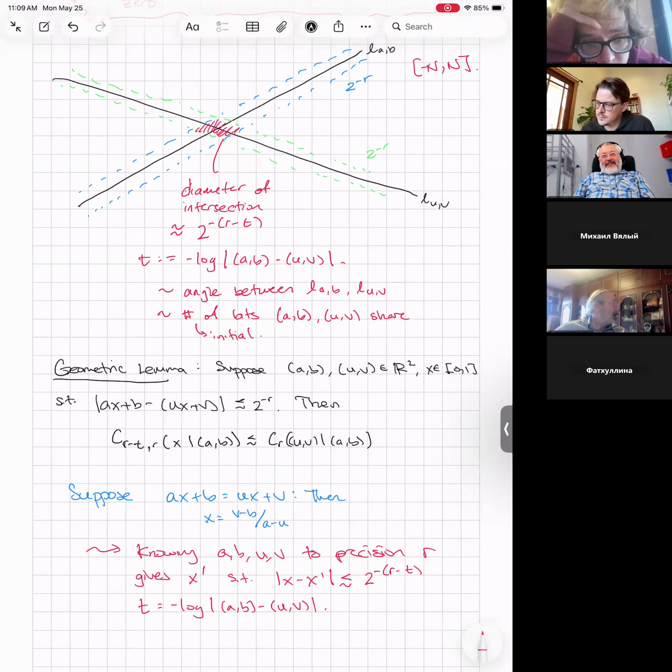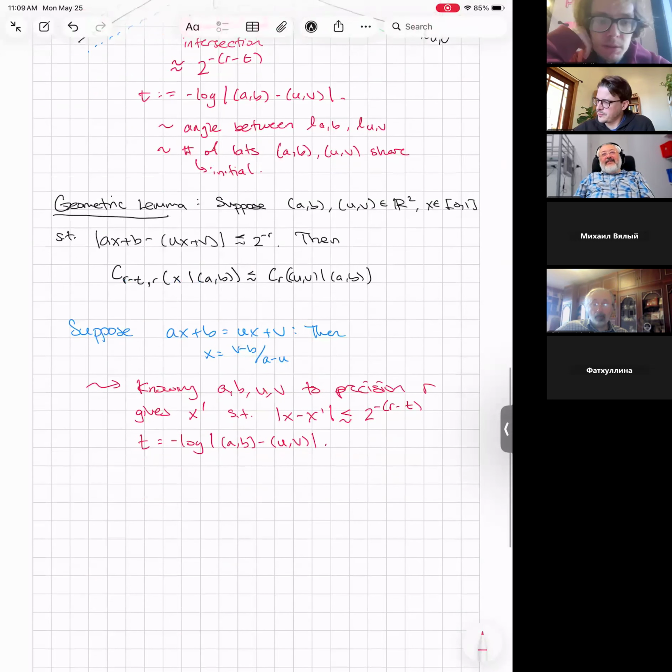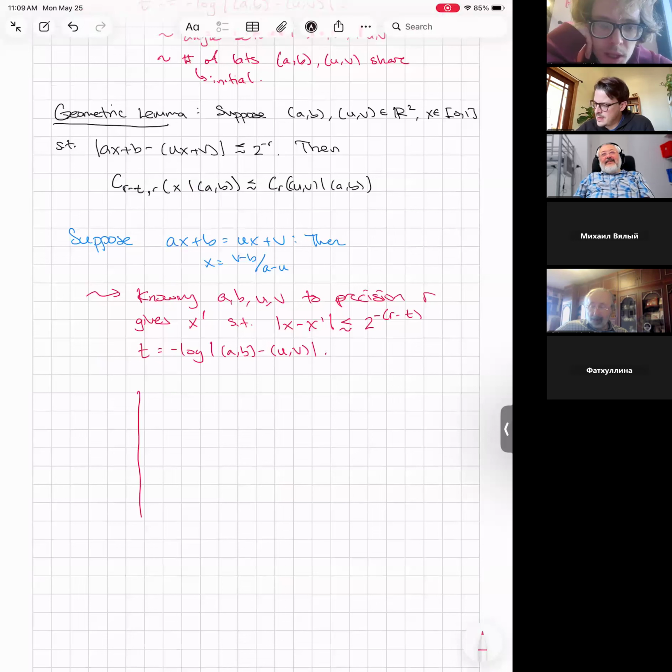So we have v minus b, so we know this difference up to r bits, but we divide by a minus u, which can be a small number. I would understand this statement if t was the number of bits where a and u coincide, but I don't understand how v and b are involved here.